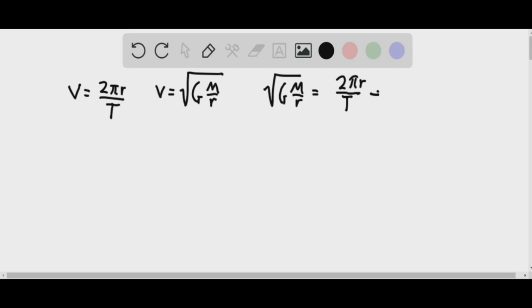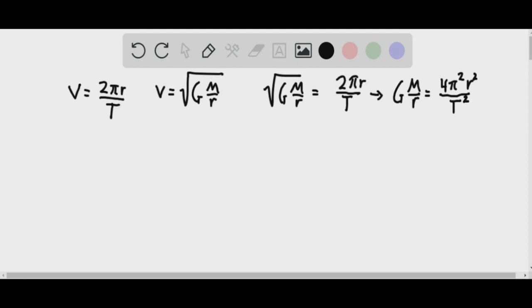Because m is underneath the square root in our equation on the left-hand side, let's go ahead and square both sides of our equation to now get g times m over r is equal to 4 times pi squared times r squared over t squared.